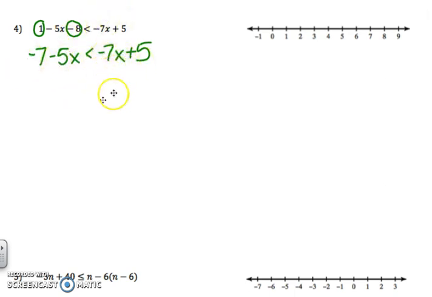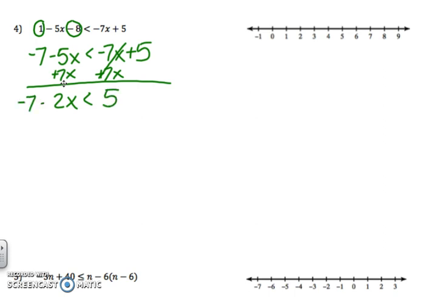I'm going to plus 7x over here to bring my variables to the left. So plus 7x plus 7x. Negative 5 plus 7 is a 2. So a 2x. Then bring everything down. Less than 5, negative 7, and that 2x was a positive.